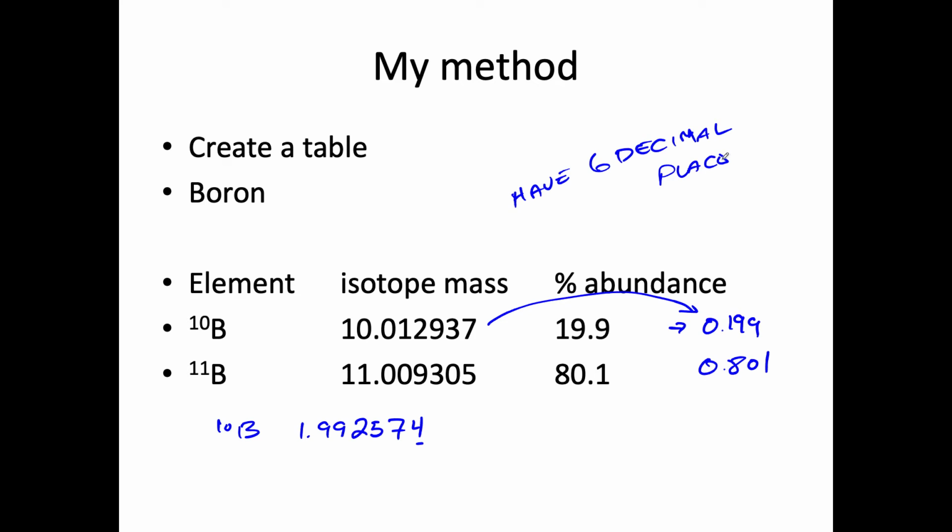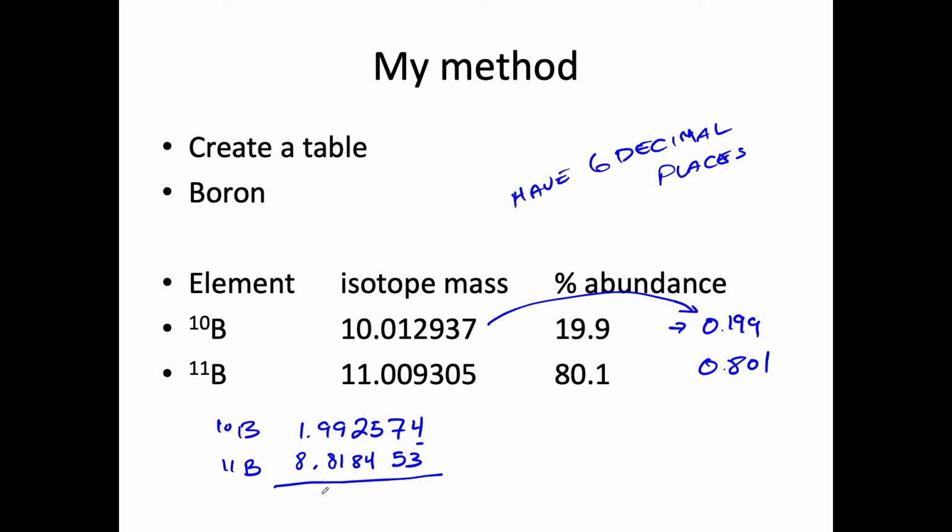So for boron 11, that's 11.009305, and we're multiplying that by 0.801. And we're going to get 8.818453. And this is boron 11.